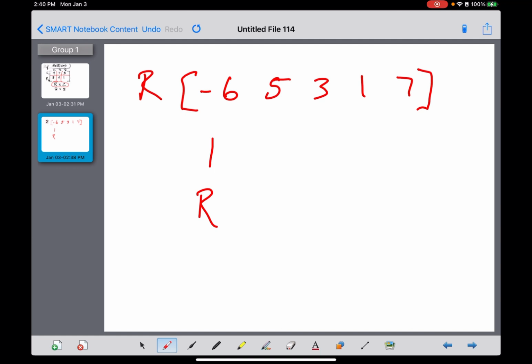So the dimensions for this: it has one row and how many columns? That's a column, that's a column, that's a column, that's a column, that's a column. How many columns does it have? 5. So it's a 1 by 5 matrix, the number of rows by the number of columns.